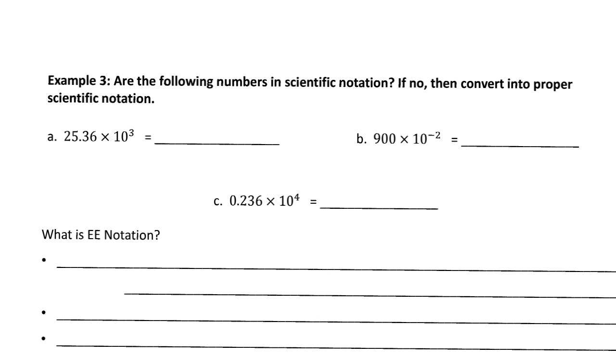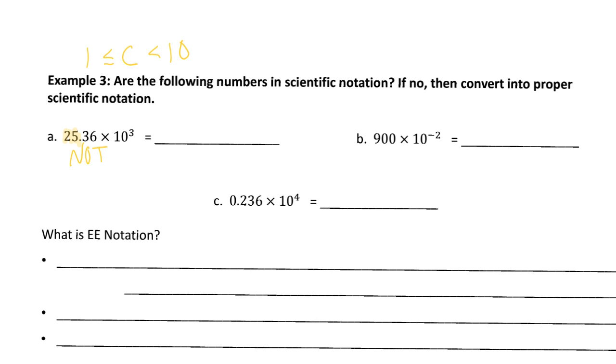Okay, so let's look at these. Remember, our C value has to be less than 10, but it could be 1 or greater. So looking at this, is 25 between 1 and 10? No. So the answer is not in scientific notation, so I'm just going to write not. And then we have to move it.